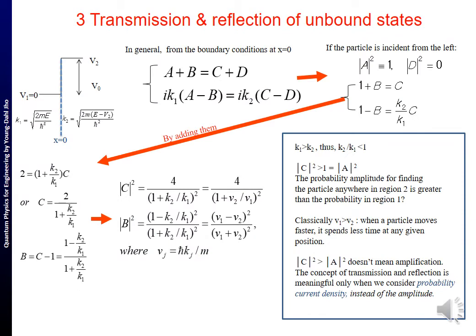Okay, transmission and reflection of an unbound state. The energy was set to be larger than V2, and then the wave function in region 1 was A e^(i k1 x), I'm sorry, k1 x, plus B e^(-i k1 x).